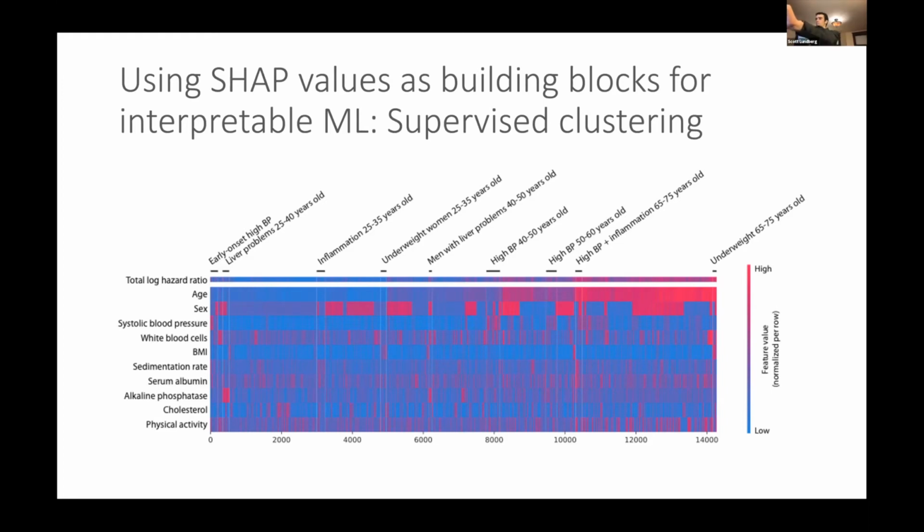And what I want to talk about next is how you can use local explanations to cluster your data. So imagine that you're interested, these are again the 14,000 people from this mortality data set that we've been using. Imagine you want to cluster these people in order to better understand how to sell them shoes. Well, I probably wouldn't want to be clustering them by their blood pressure or their cholesterol level.